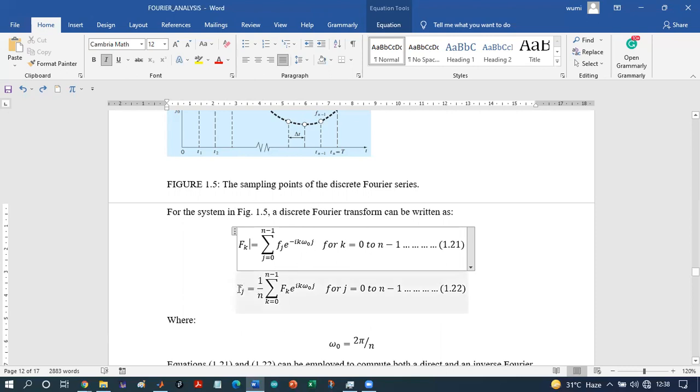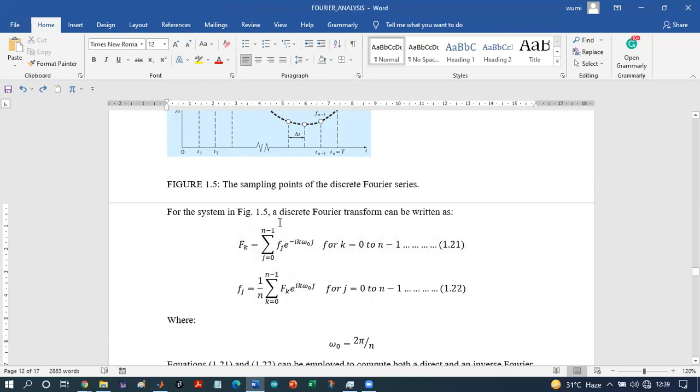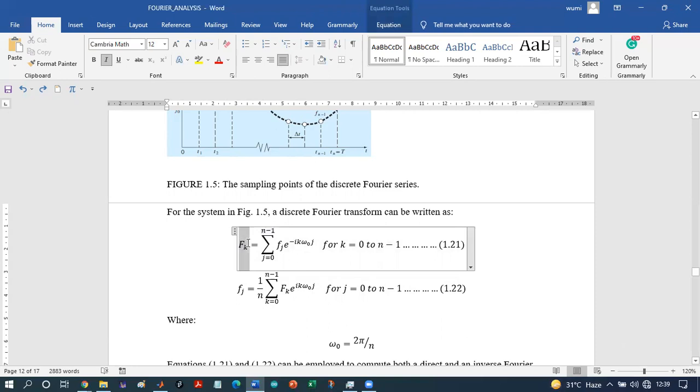Then this is to find the inverse discrete time Fourier transform. So it's just the formula for the both of them, the DFT and the inverse is kind of similar. It's just that here is the Fourier transform.